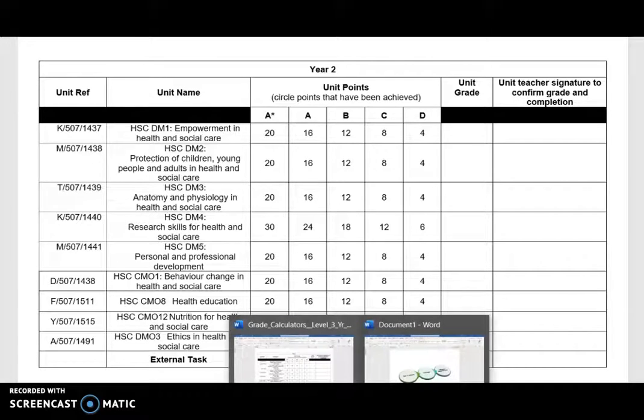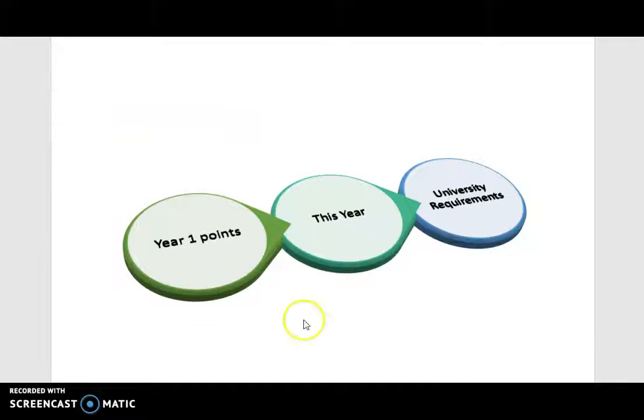Because the worst that can happen is that at this stage, you don't get your entry requirements. So all the work you've done over the 2 years will mean that you don't actually manage to get to university like you plan. Now, everybody should be able to plan for this year. This year, you should be able to plan where you can go, how you can get there without hurting yourself.